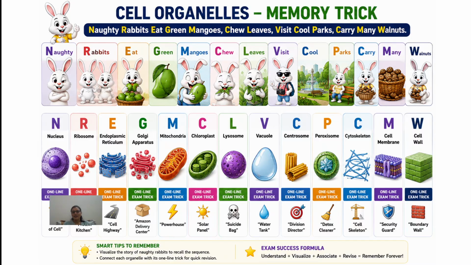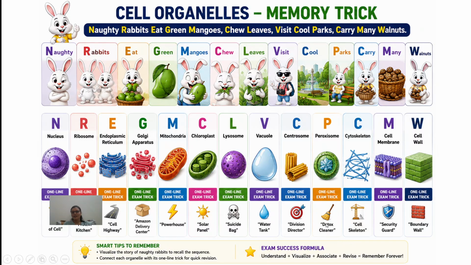The vacuole can store water; we can say it is a water tank that stores water, nutrients, and so on. The centrosome is involved in cell division. The peroxisome is the detoxifier; we already discussed how it detoxifies.